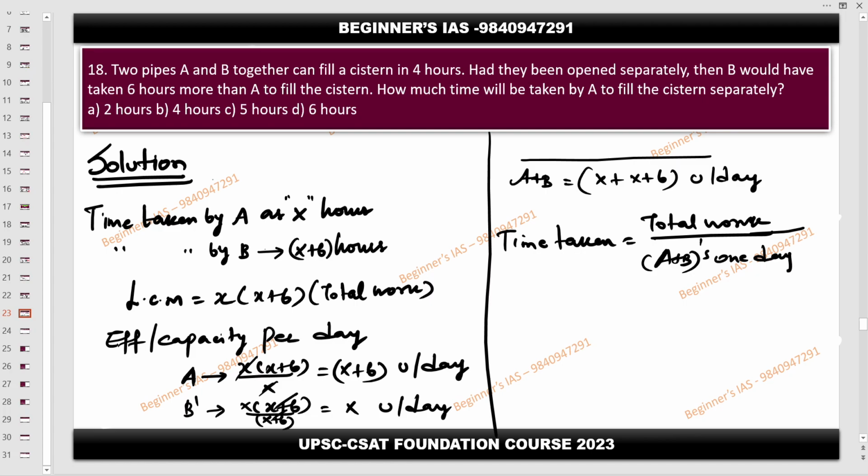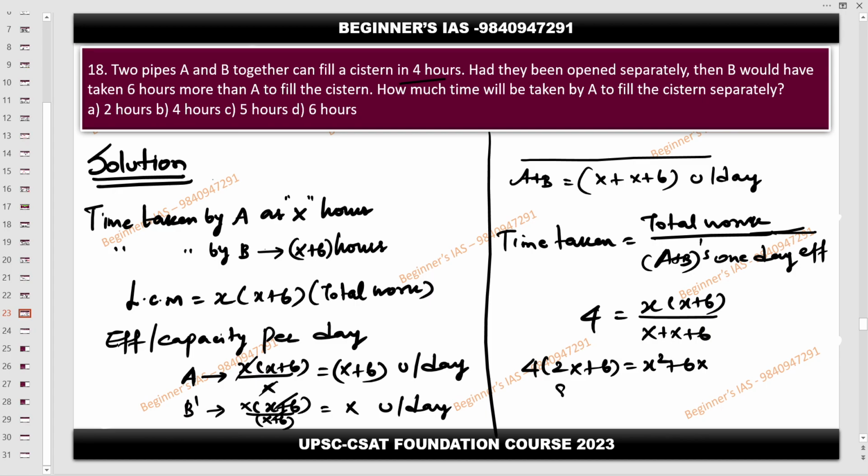The time taken is already provided here, 4, which is equal to total work, X into X plus 6, divided by A plus B's one day's efficiency, 2X plus 6. Now cross multiply: 4 into 2X plus 6 is equal to X square plus 6X. Then 8X plus 24 is equal to X square plus 6X.